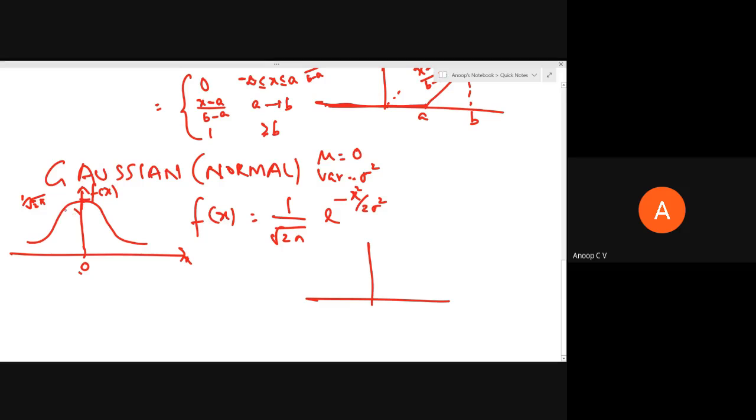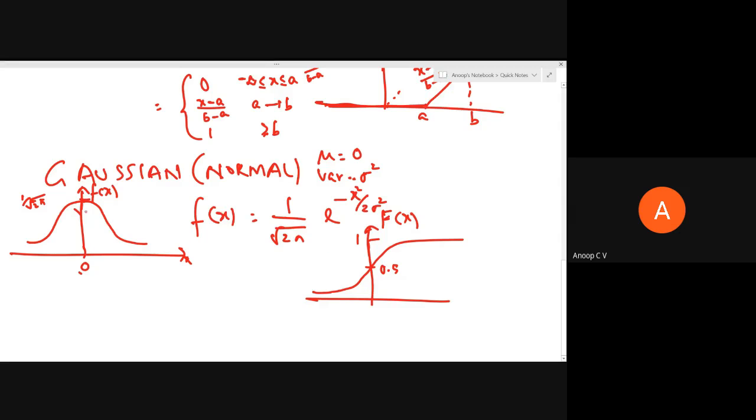So the area on the negative side and positive side are both the same, right? If you find the probability distribution function, it will be something like this. It will be increasing, and it will become a constant. So this will be equal to 1, and this will be 0.5, and this is our f of x.